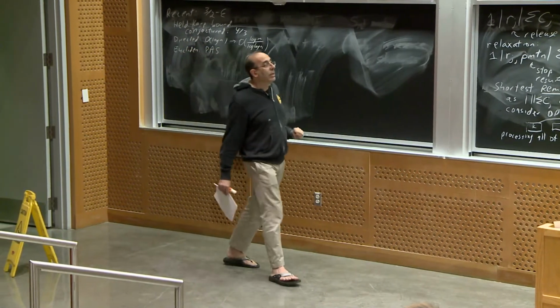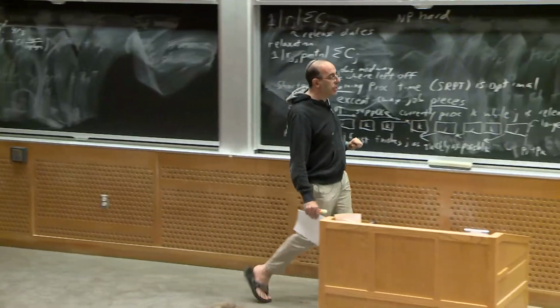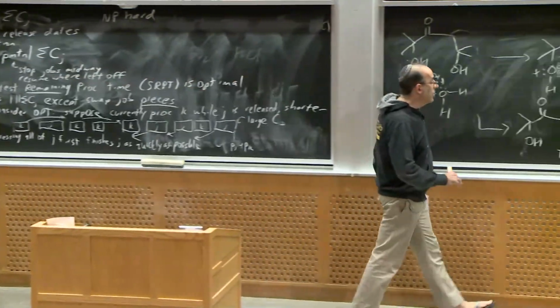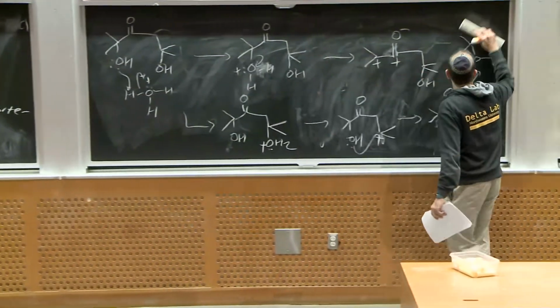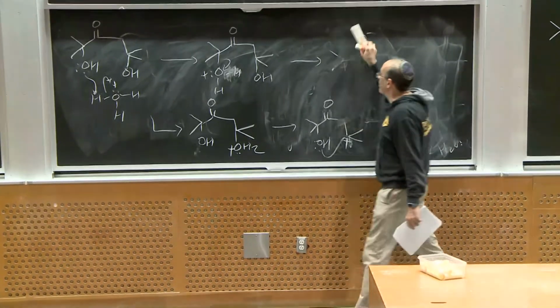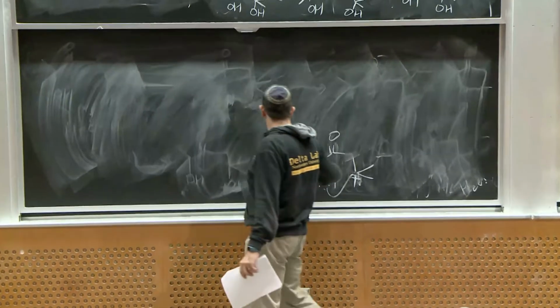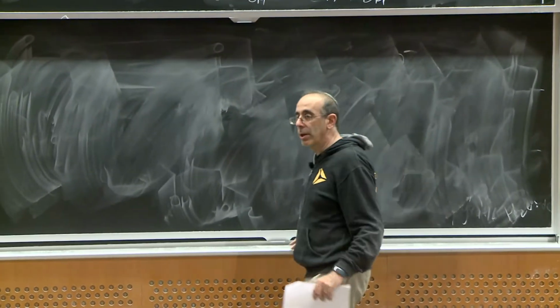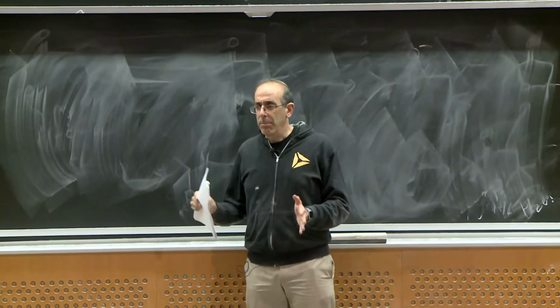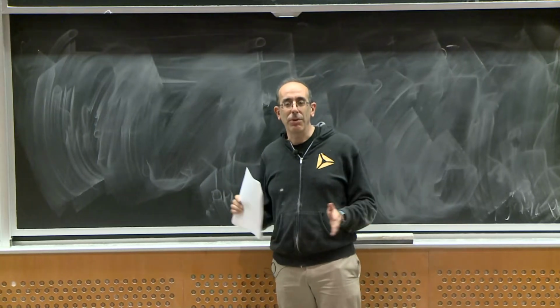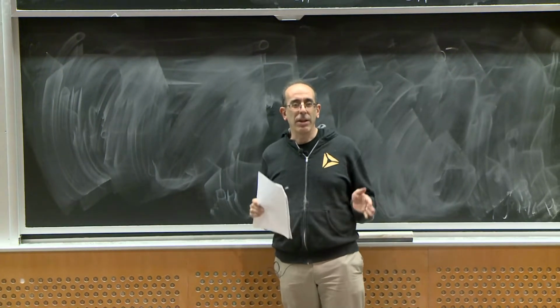Okay, great. Now, again, this shows that 1 | r_j, preemption | sum C_j is not NP-hard, right? We've just given a polynomial time algorithm for it. I won't fill in all of the details, but you can just imagine basically simulating the process. You know how long it's going to take for various jobs to complete.